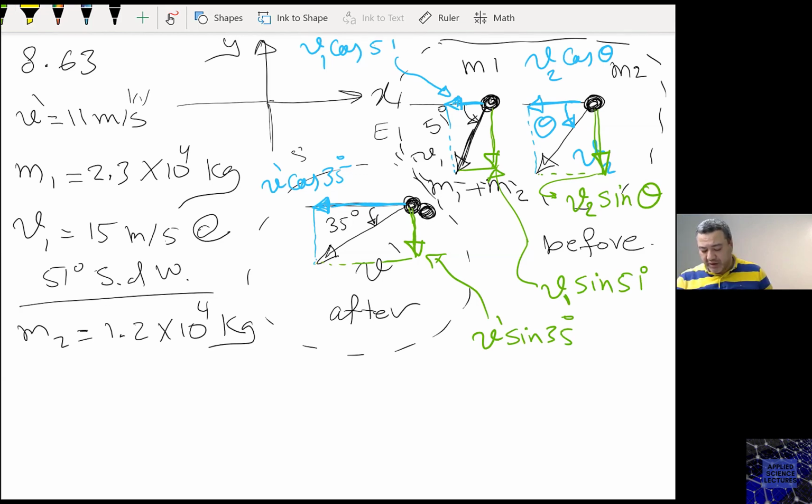I need to do the conservation of momentum, but now I do it for the x and the y.